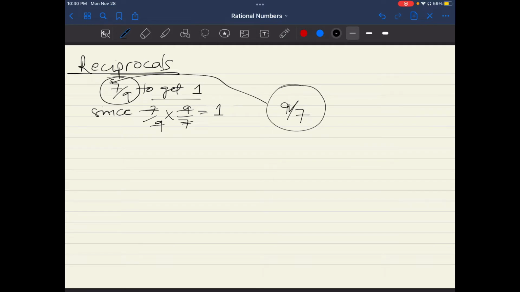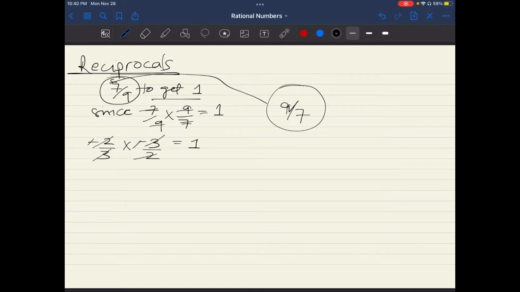Now, let's look at minus 2 over 3. What should you multiply with minus 2 over 3 in order to get 1? In a similar way, we'll see that we will have to multiply minus 3 over 2 in order to get 1.